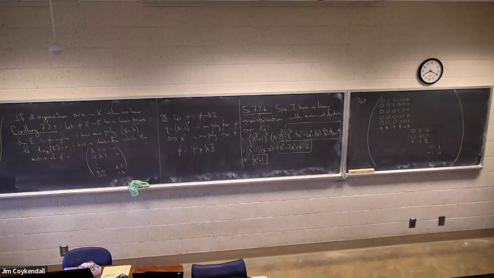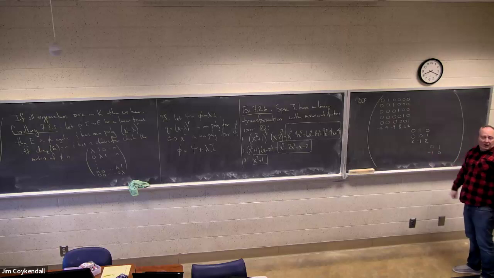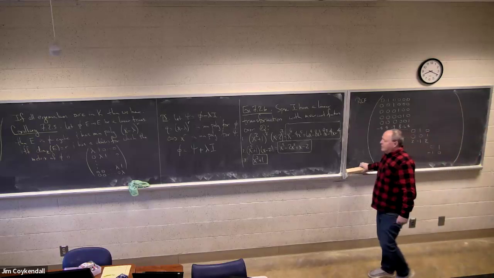Now, fill all the blank entries with 0. And there's your rational canonical form for this matrix, right? And of course, look, this is a sparse matrix in the sense that there's not a whole lot of non-zero entries in this matrix. And the form is kind of nice to handle, so it's usually a much better situation.